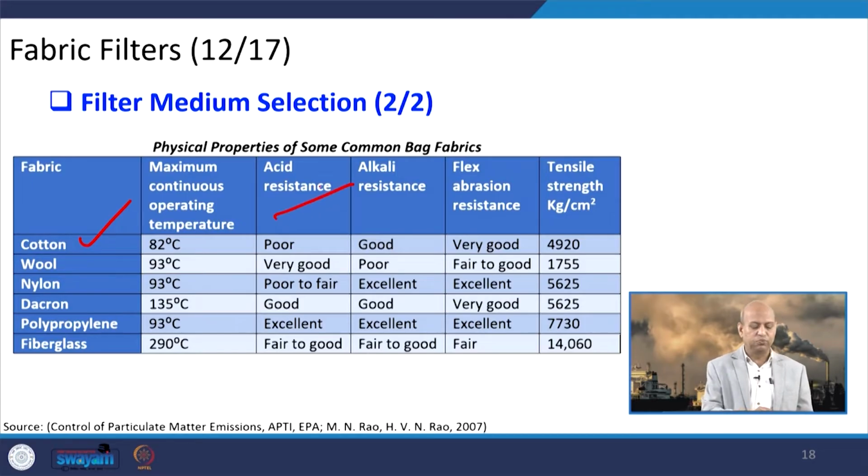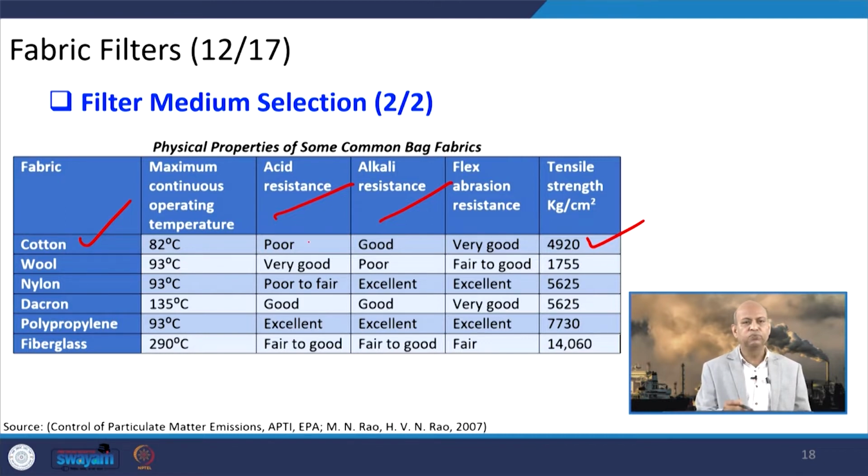Acid resistance is poor for cotton; it can be attacked by acidic components of the gases and its life will be very less. Alkaline resistance is good for this cotton cloth, and abrasion resistance is very good in that sense, and its tensile strength is around 4900 kilogram per square centimeter. This is better than the wool, but wool's temperature resistance is better by 10 degrees Celsius.